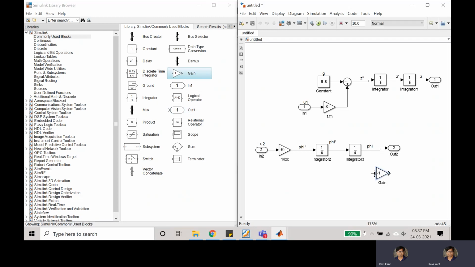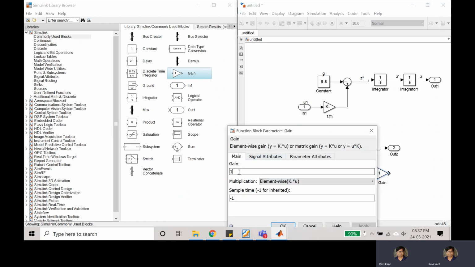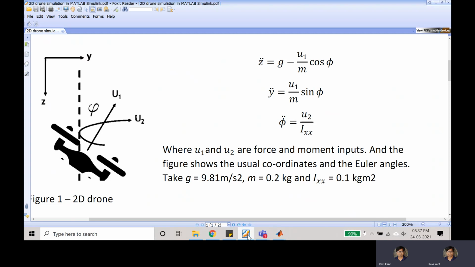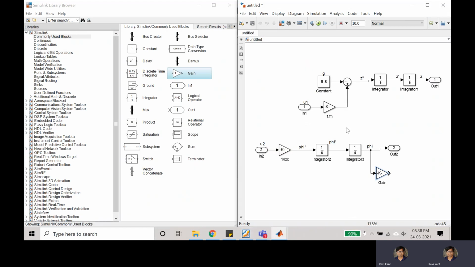So this signal coming over here can also be branched out. This phi can be branched out and multiplied with gain 1 upon m. M is 0.2. Okay, fine.